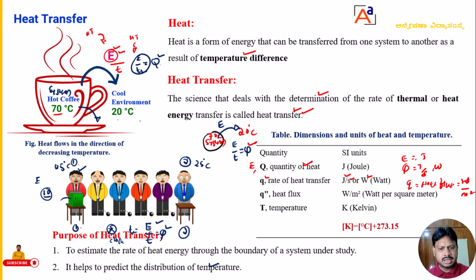Some authors take q double dash as heat flux, watt per meter square. And temperature, some authors take in degree Celsius, some take it in Kelvin, but it is better to put the temperature in Kelvin. How to convert degree Celsius to Kelvin, I already explained. Once again, you can see here, by adding 273, the degree Celsius is converted into Kelvin, dear students.